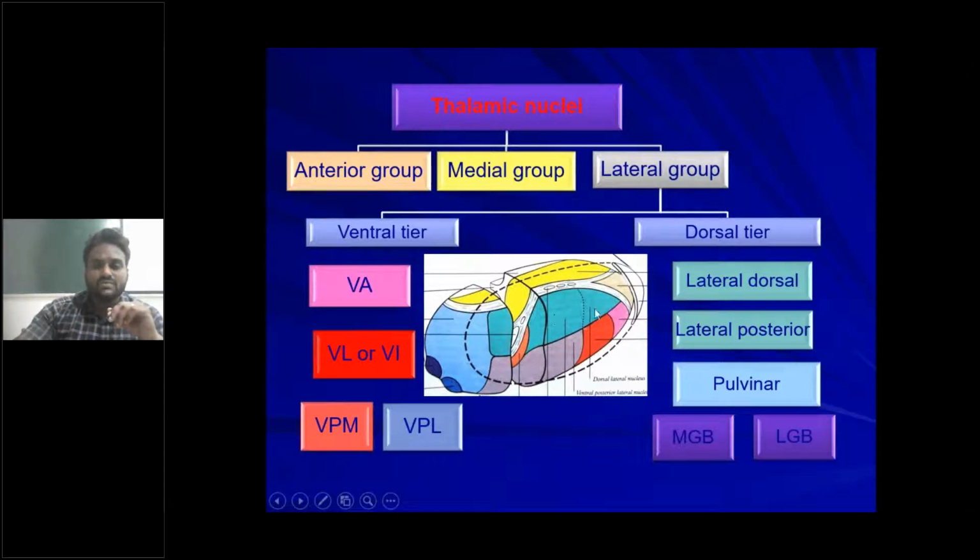The lateral group is made up of a number of nuclei, divided into ventral and dorsal. We have seen the ventral nuclei: ventral anterior, ventral lateral, ventral posterior medial, and ventral posterior lateral. The dorsal group divides into lateral dorsal, lateral posterior, pulvinar, and the medial and lateral geniculate bodies.